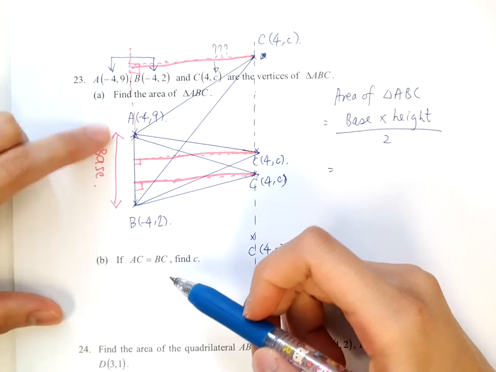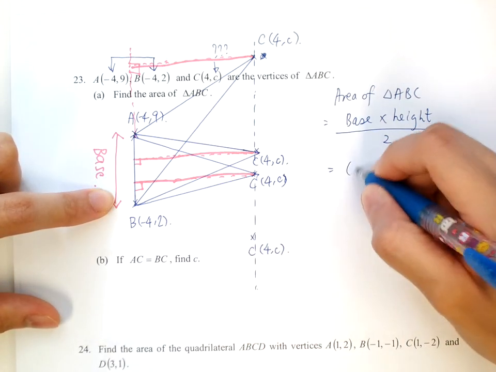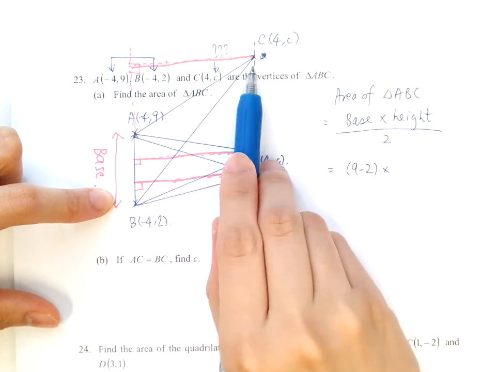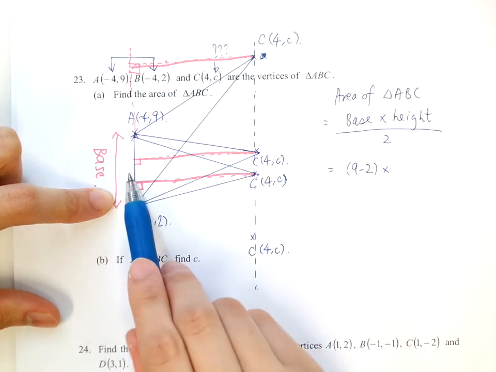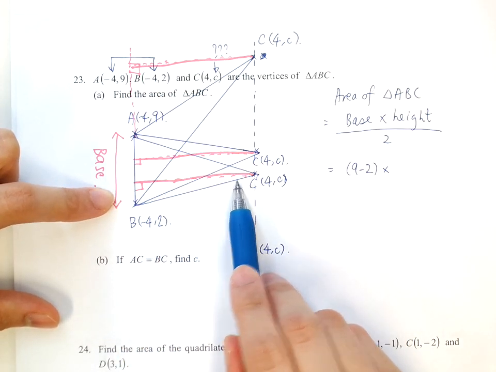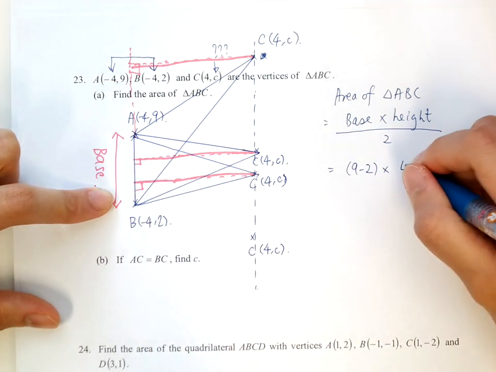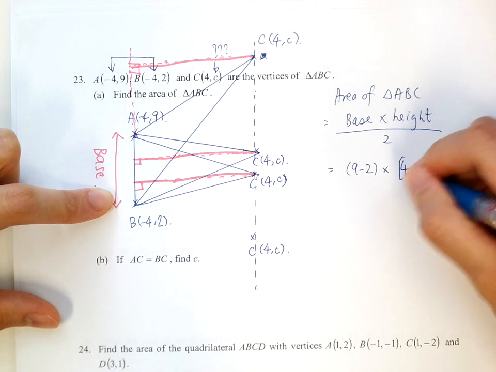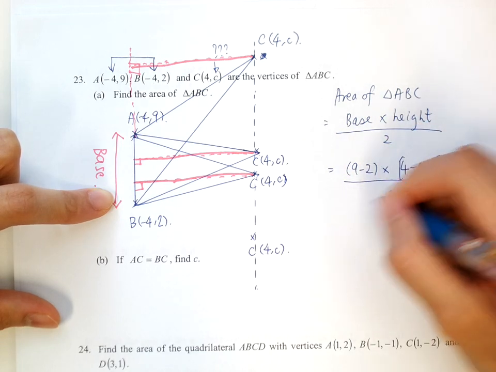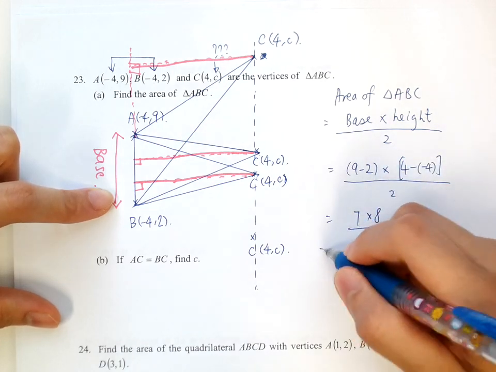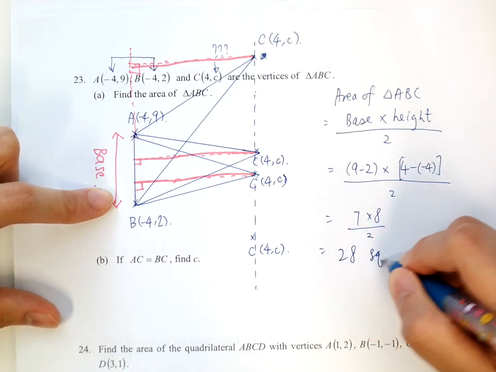The base here will be 9 minus 2, while the height, the horizontal line here, will be 4 minus negative 4. And so you can now calculate the area of the triangle to be 28 square units.